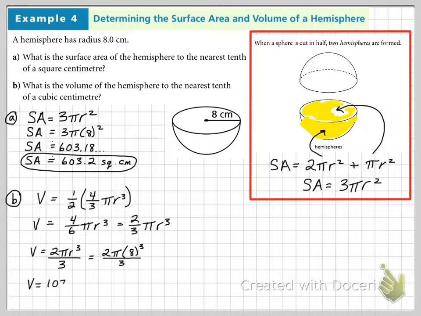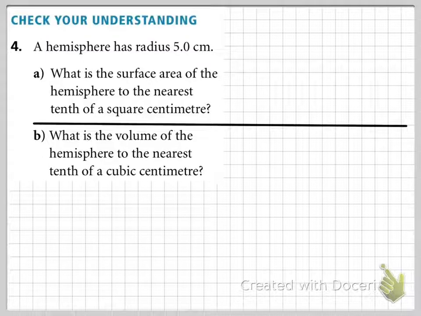So now I can plug in my values, and the volume that I'm going to get is 107.3 cubic centimeters. Your job is to do the last check your understanding on your own, and that takes us to the end of our lesson.